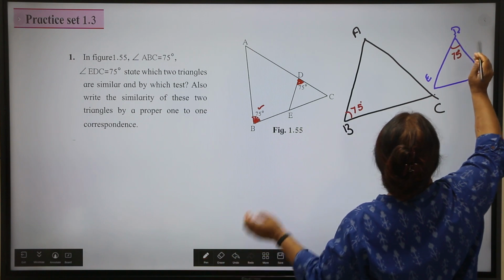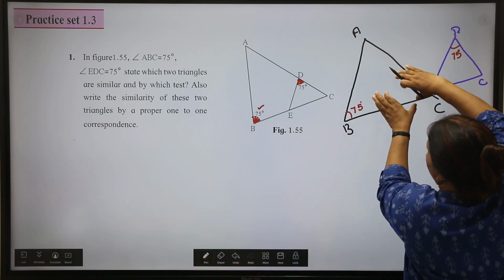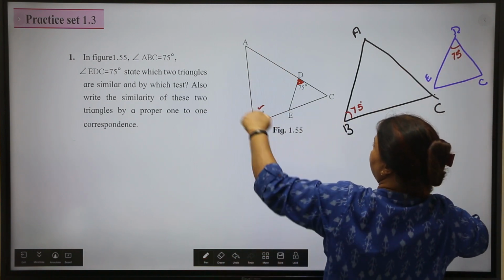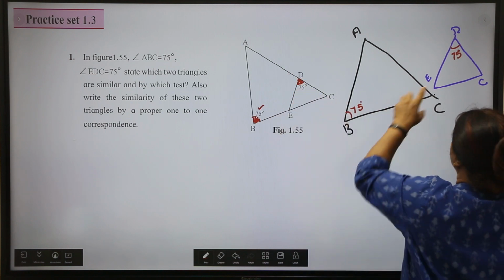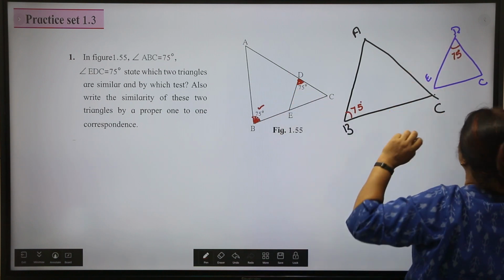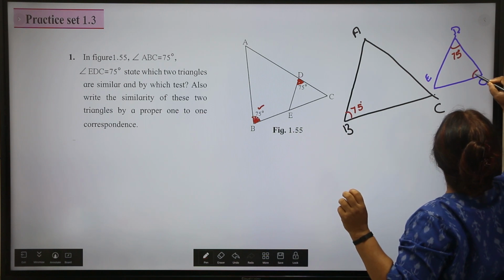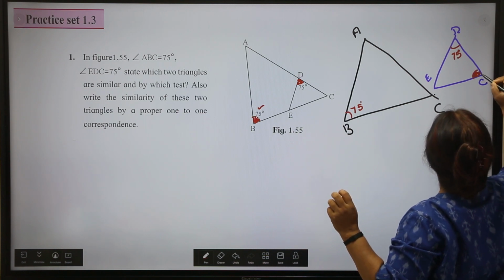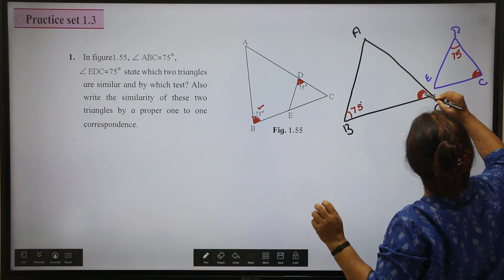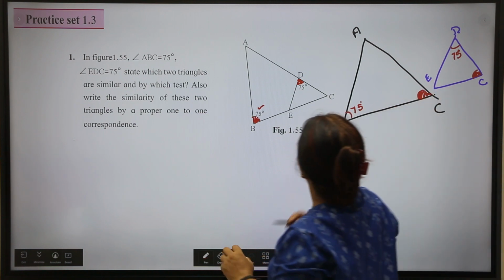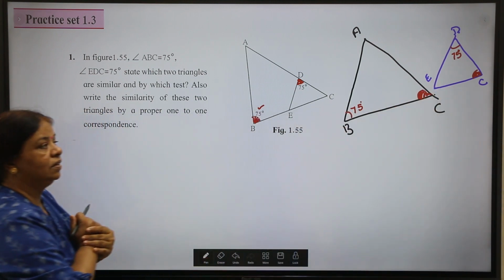So when I pick up this triangle and keep on it, it will be looking like this. The figure would be like this. So when I pick this up and keep over here, what happens? This angle C will completely overlap angle C. See. Yes or no?